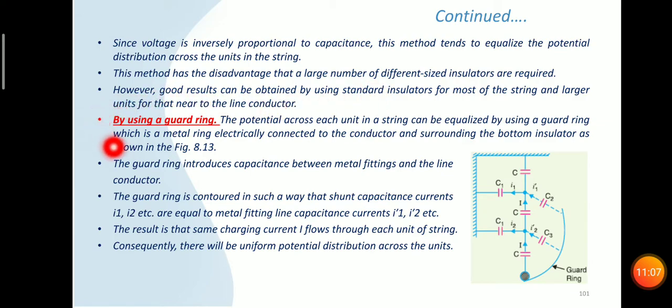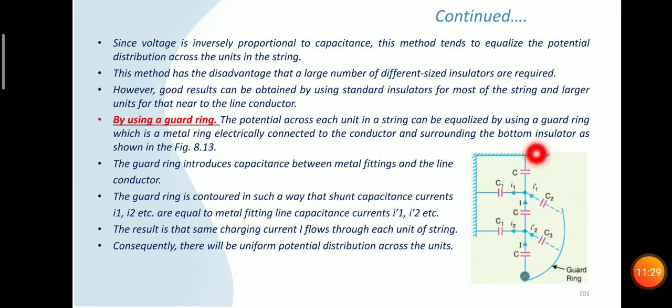The next method is by using guard rings. In this figure we have a metal ring shown here from the conductor surrounding the insulator, that is called a guard ring. A guard ring is a metal ring that will provide an additional capacitance from the insulator to the metal.